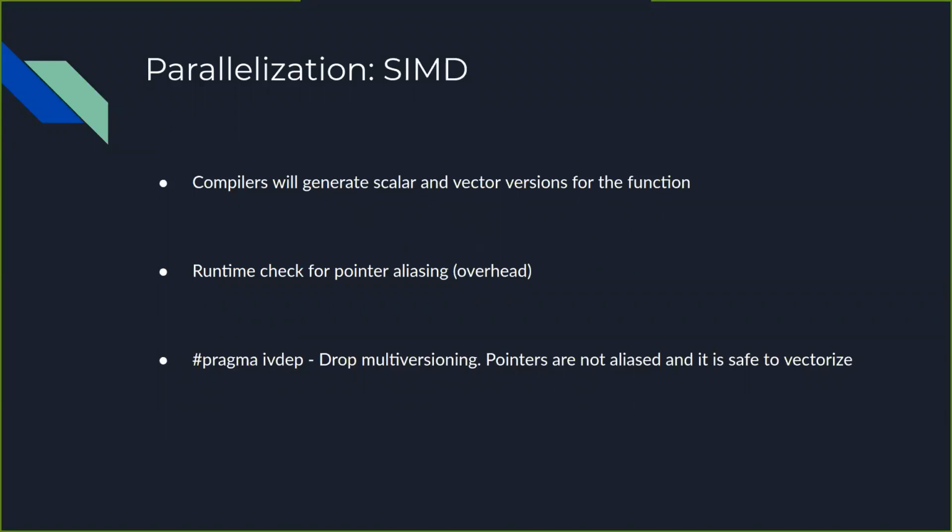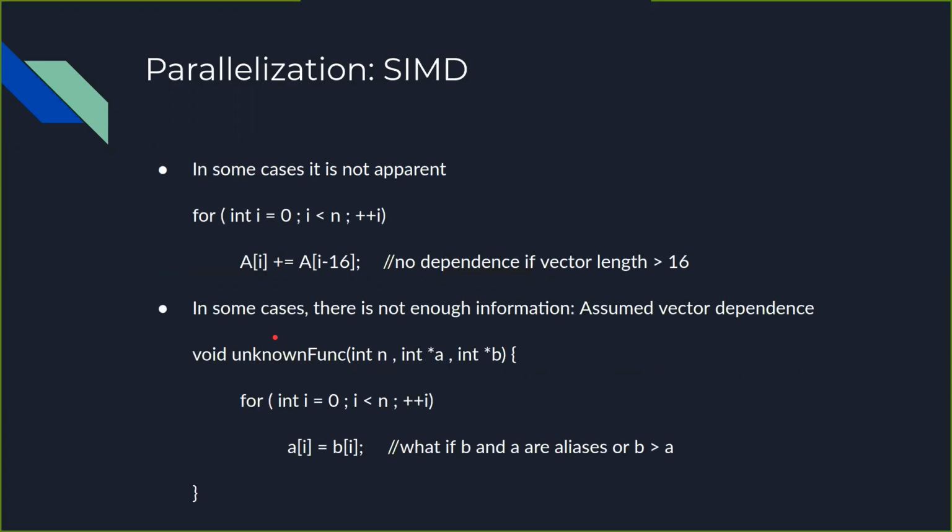So what is multi-versioning? In cases where it is not trivial, compilers will generate three versions of the same program. First is a scalar version, which is normal sequential code. Second is a masked vector version.